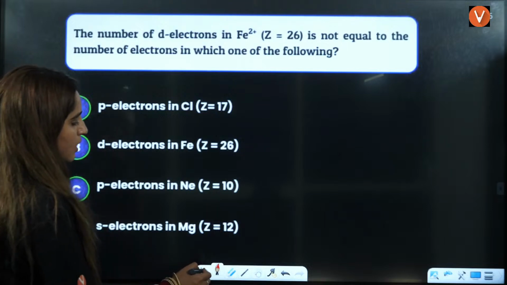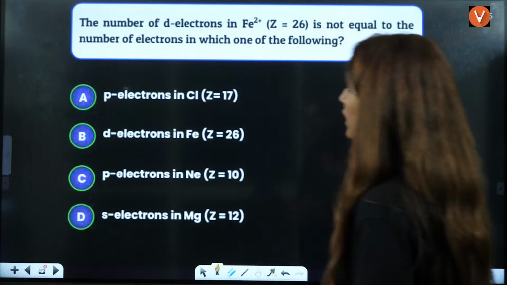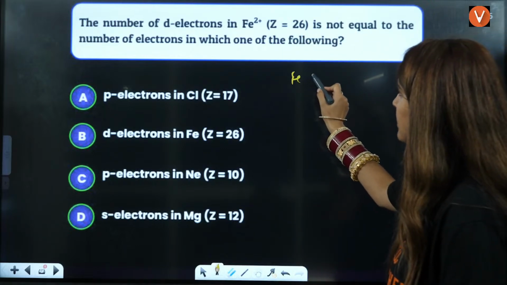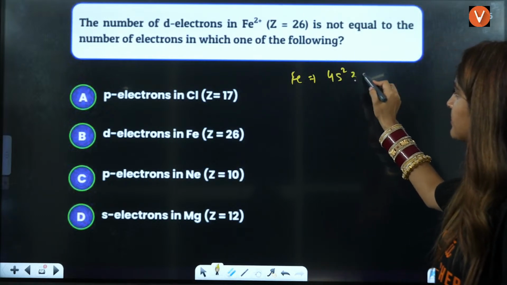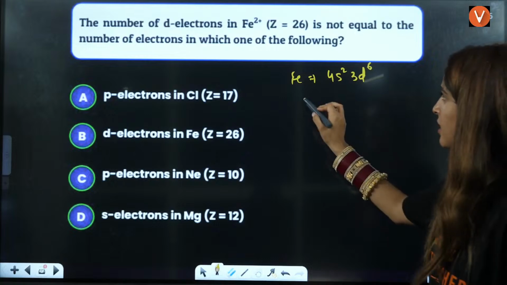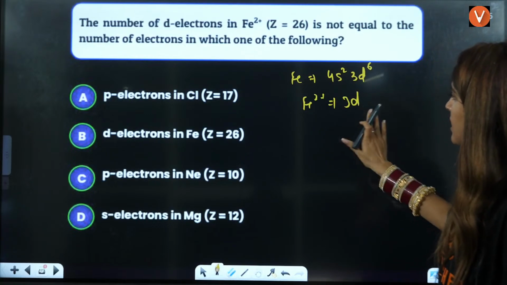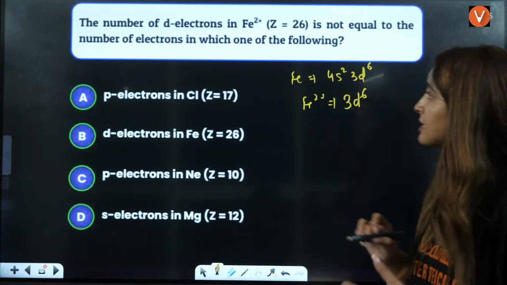Next: the number of d electrons in Fe2 positive is not equal to the number of electrons in which one of the following? Fe is 4s2 3d6 because it is 26. Fe2 positive is 3d6, because whenever you take out electrons, you take them out from 4s.